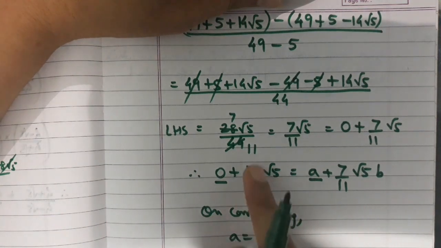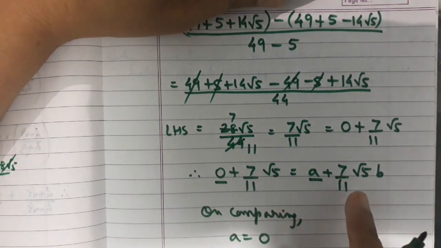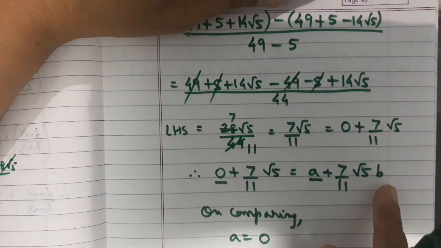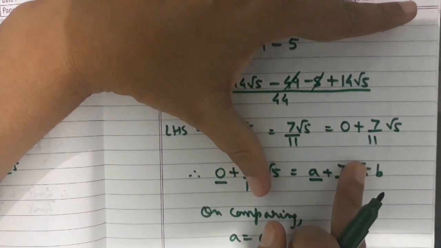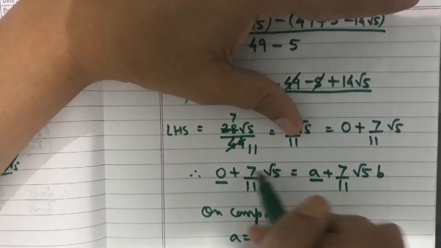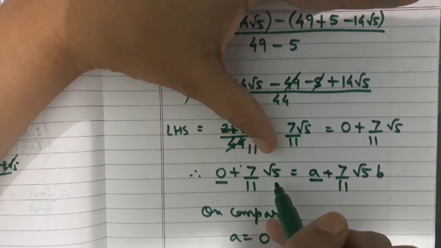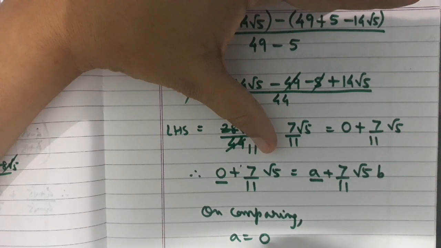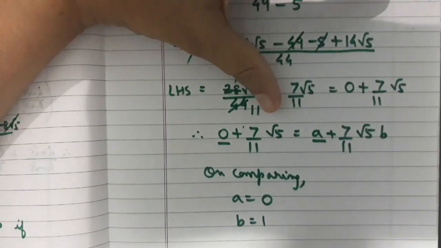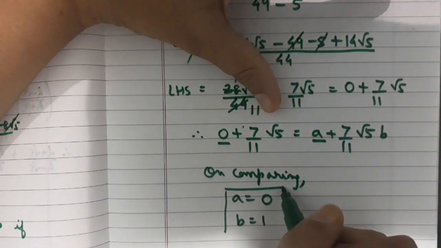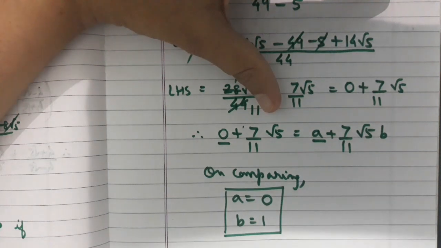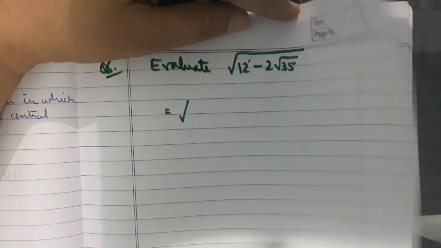And here we have 7 upon 11 root 5, and here we have 7 upon 11 root 5 into b. So it means that the value of b over here is 1. This can be written as 1 into 7 upon 11 root 5. So the value of b obtained is 1. So this is the final answer. A is 0 and b is 1.